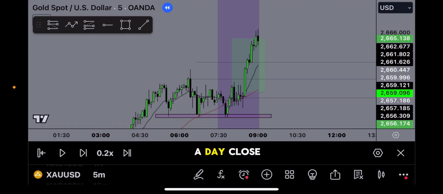I would have just called it a day, closed up shop, I'm set, because you don't know how far up price will go, right? We cannot guess exactly how far up price will go. We can only have an estimated guess. So me seeing price already reach my 3 levels that I was aiming for, I don't gotta keep looking for more, because price is not gonna continue in your favor forever.